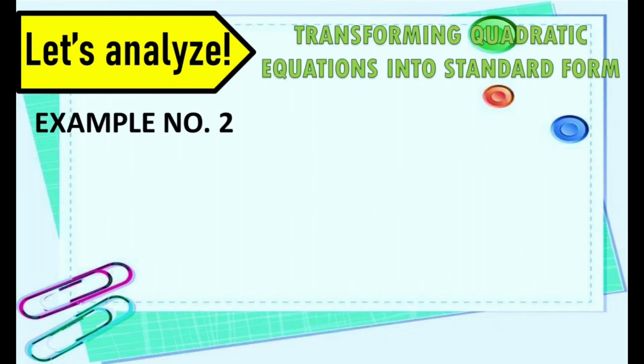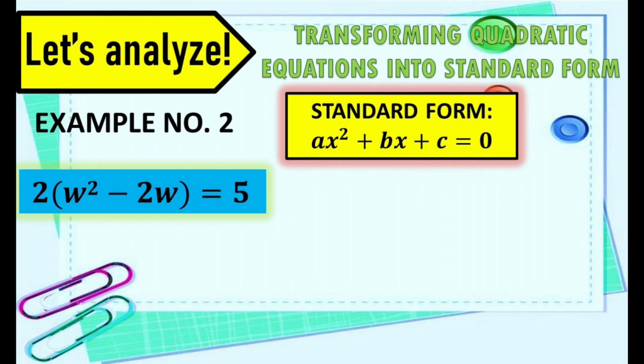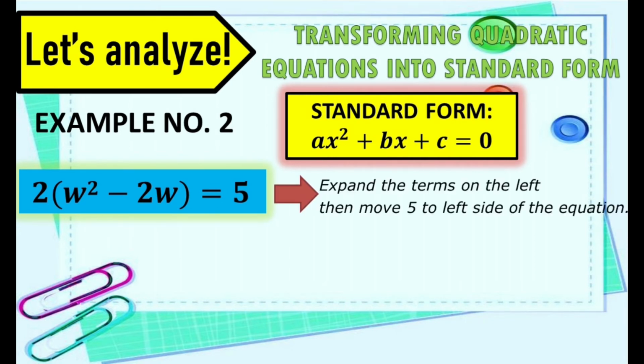Now, let us have example number 2. We have here 2 times the quantity of w squared minus 2w is equal to 5. We have to put this into standard form by expanding the terms on the left, then move 5 to the left side of the equation.